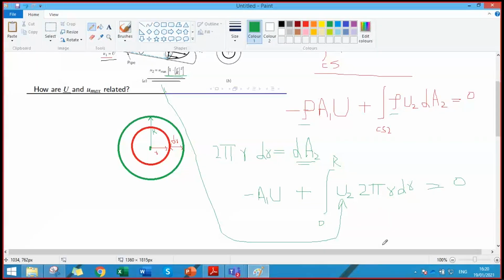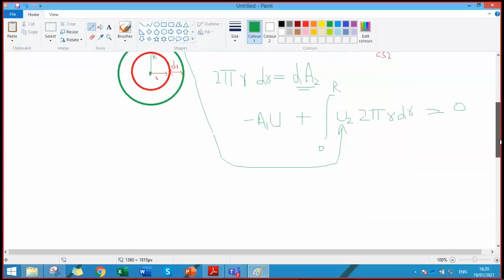It's given in the problem. When you solve this, you will get the relationship that U max is 2 times the inlet velocity U. Is it clear? Any problem or any question in regards to this?